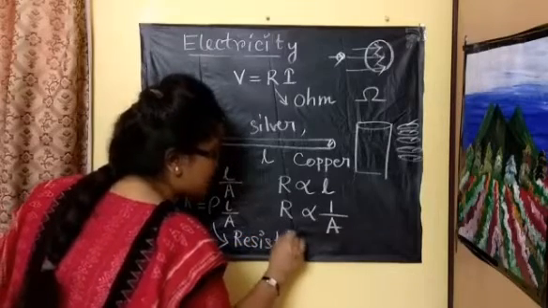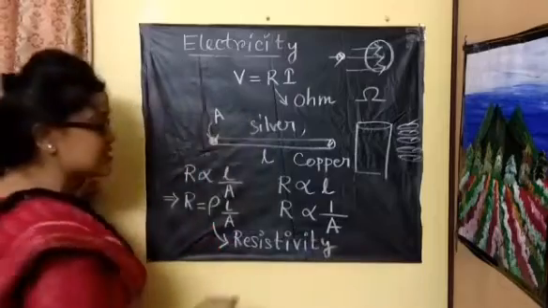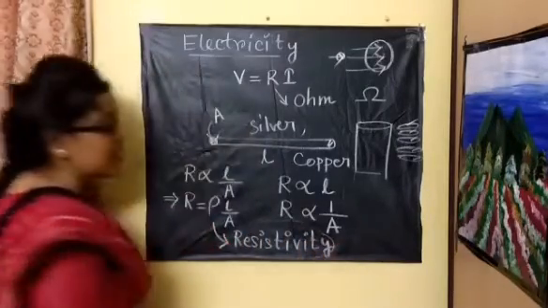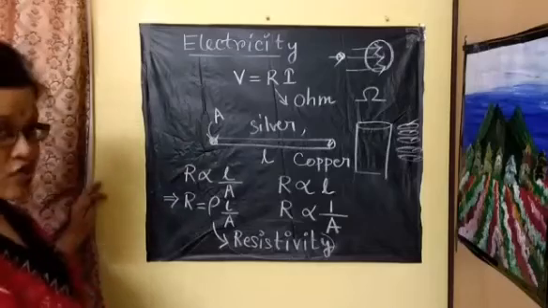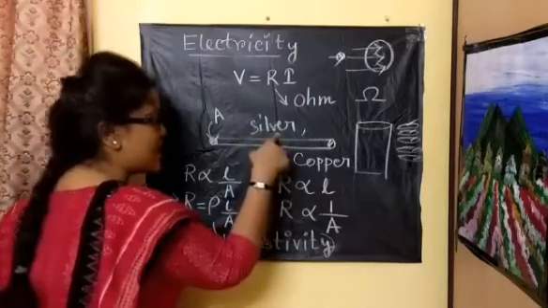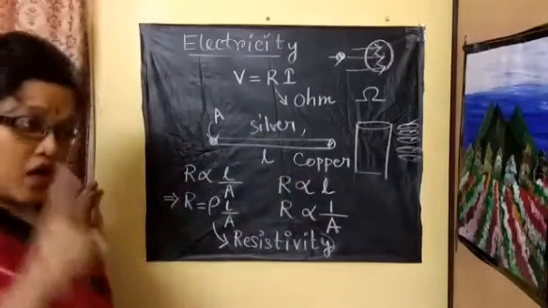Remember, this is called the resistivity of the conductor, and it is a material dependent phenomenon and a constant quantity, means the resistivity of silver and the resistivity of copper are not the same.